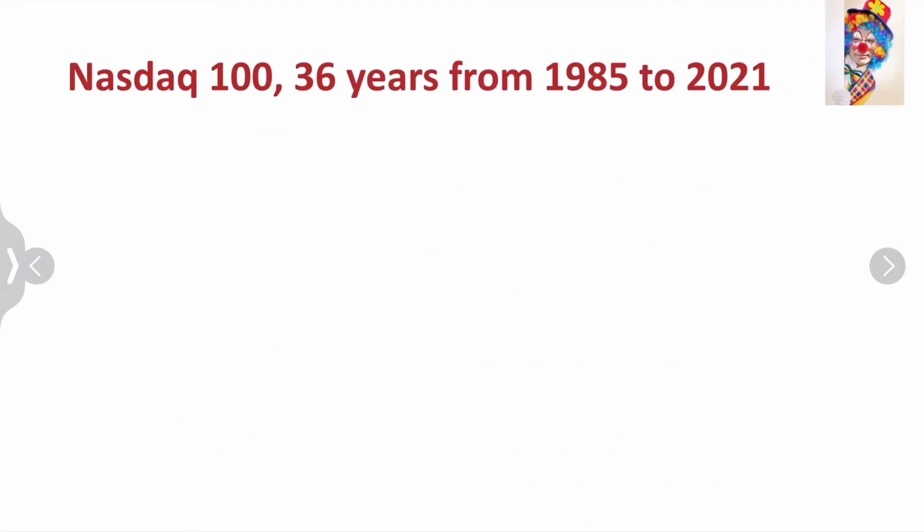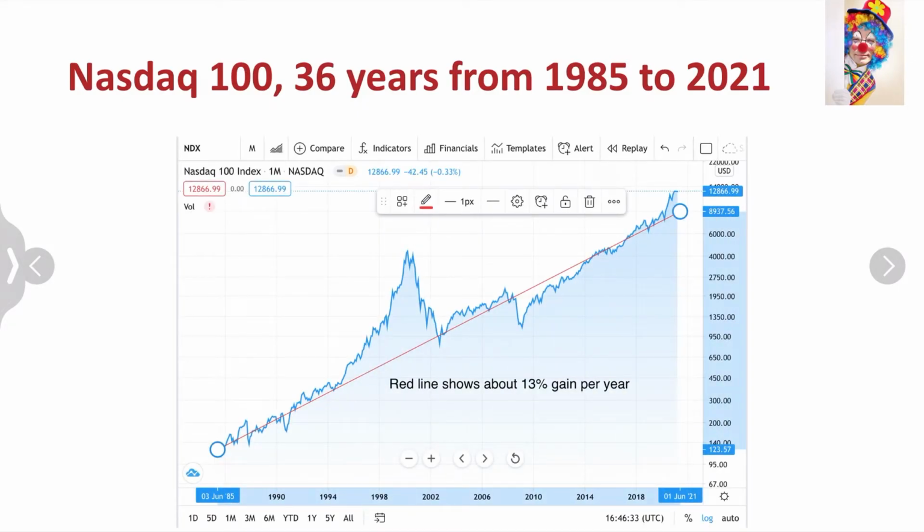But then let's look at the Nasdaq 100, also 36 years, same time range, 1985 to 2021. And here we see a different picture. If I draw this red straight line, then we have about 13% growth per year. So this is a completely different class, right?